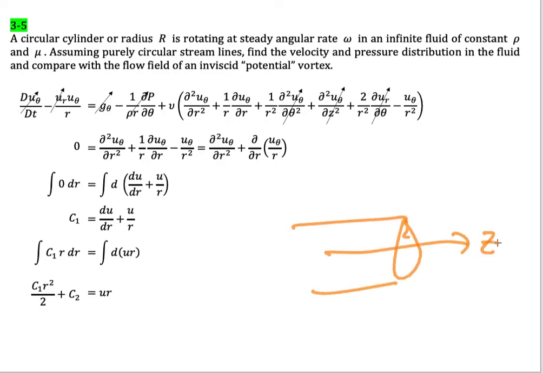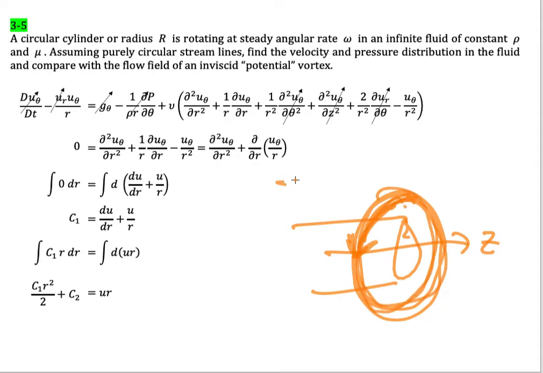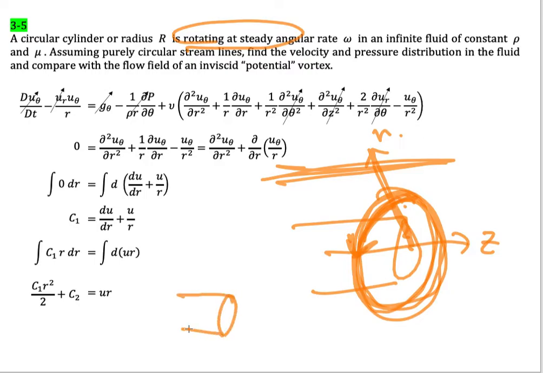So we have the z-axis here, and then we have a vortex, meaning fluid which rotates around the cylinder here, and then we have the r-axis here. Because it says that a circular cylinder of radius r is rotating at a steady angular rate, we have a cylinder here rotating at a certain speed.